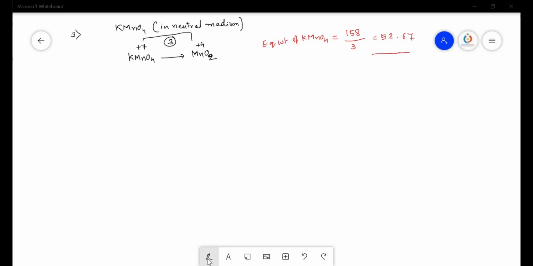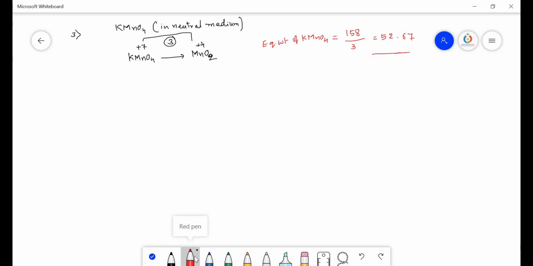Before that we need to discuss one important thing, because most of these methods depend on a single concept, a generalization: one equivalent mass of one element is equal to one equivalent mass of another element.